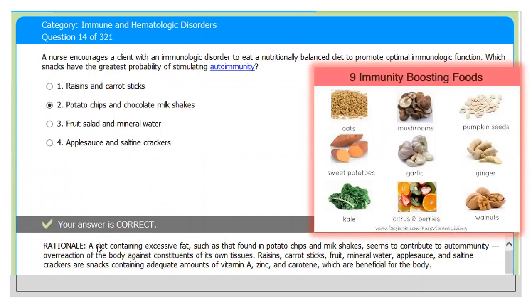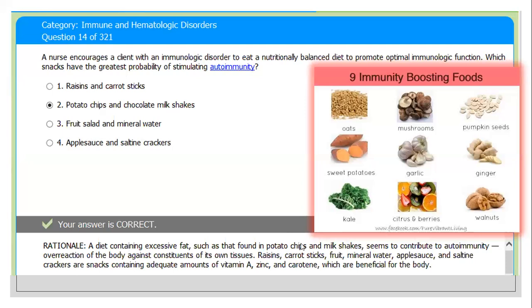The rationale says a diet containing excessive fat, such as that found in potato chips and milkshakes, seems to contribute to autoimmunities, an overreaction of the body against its own tissues.